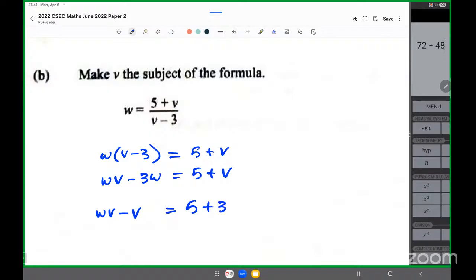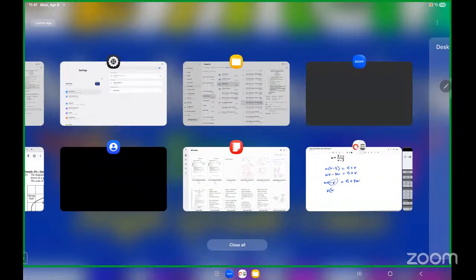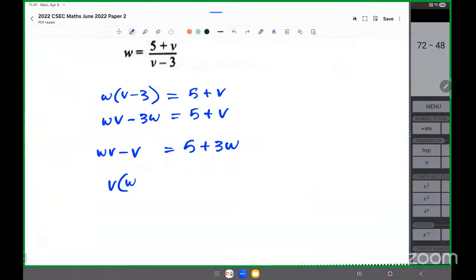Plus 3W. And I need to factorize the V from these two terms because I want to have one V expression in here. So I get V into, out of this I get a W, out of this I'm getting a negative 1, and that's all equal to the 5 plus 3W still.